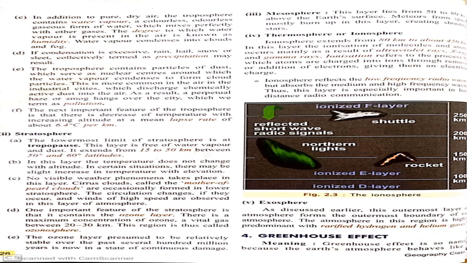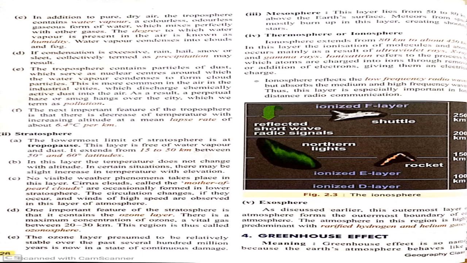Then it is known as precipitation. Now this troposphere also contains particles of dust which serve as nuclear centers around which the water vapor condenses to form cloud particles. So that is all about troposphere.